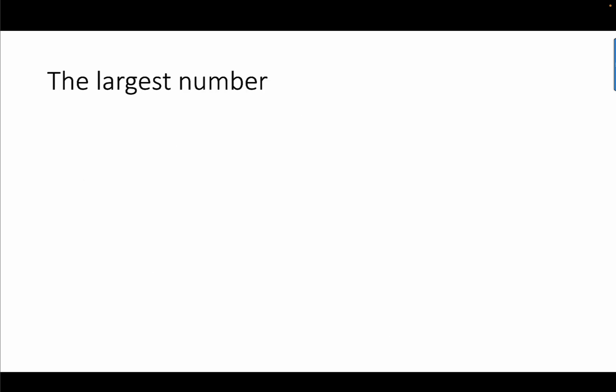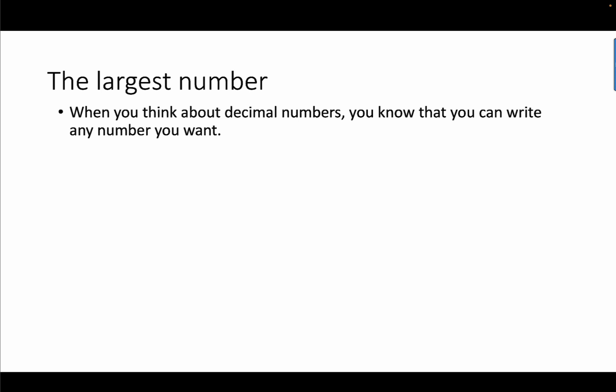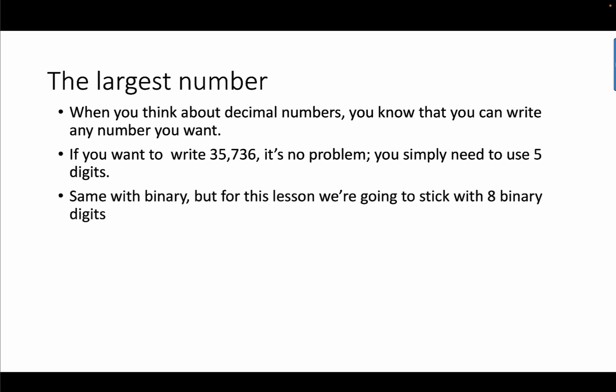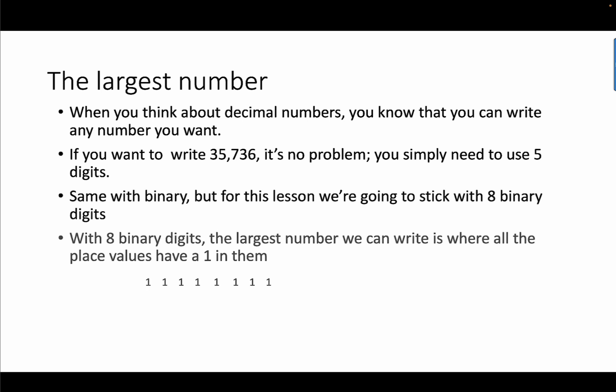In a moment, we're going to see how to convert decimal numbers to binary. But first, let's look at the largest number we can represent in 8 bits. When you think about decimal numbers, you know that you can write any number you want. If you want to write 35,736, it's no problem. You simply need to use 5 digits. Same with binary, but for this lesson, we're going to stick with 8 binary digits.